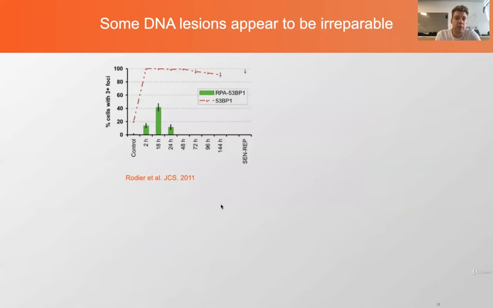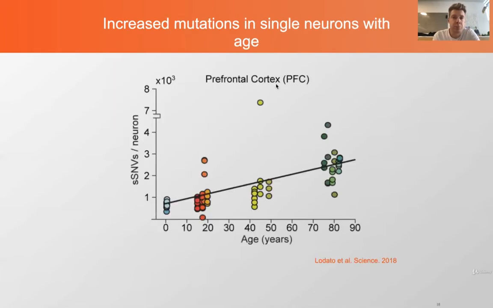And if you induce cellular senescence, so this is a phenotype where cells stop growing, then you see that there are DNA damage foci in these cells that seem to persist over a very long time. And we will return to that later in this lecture.